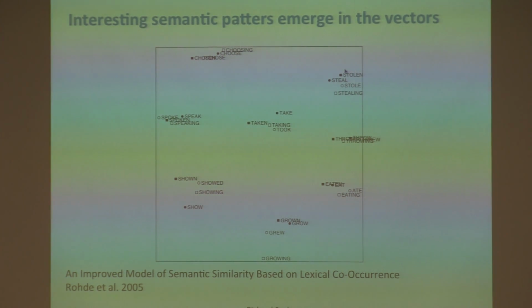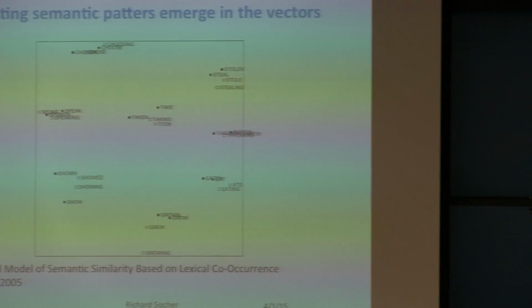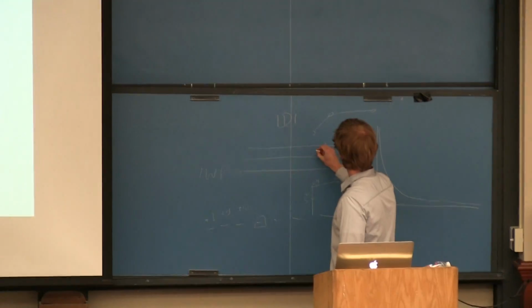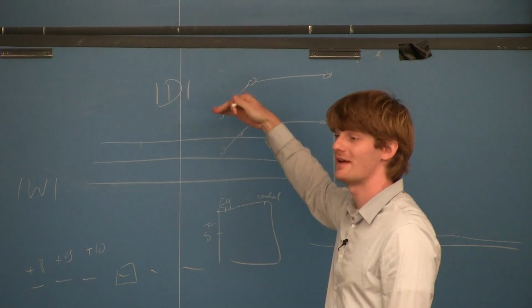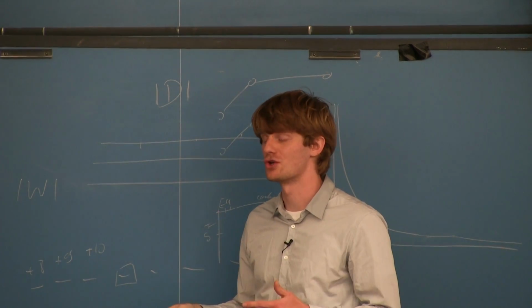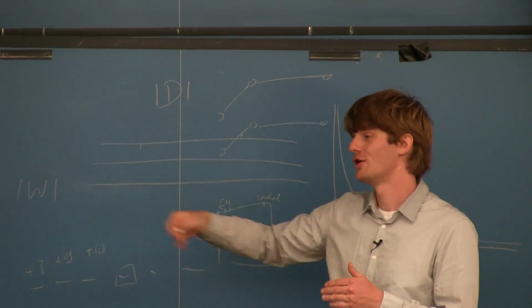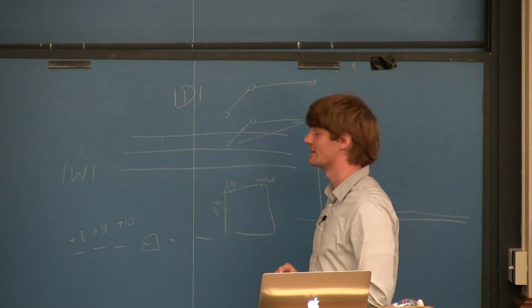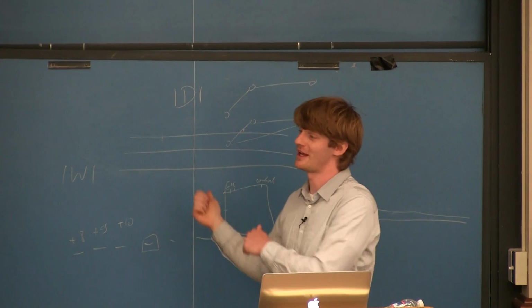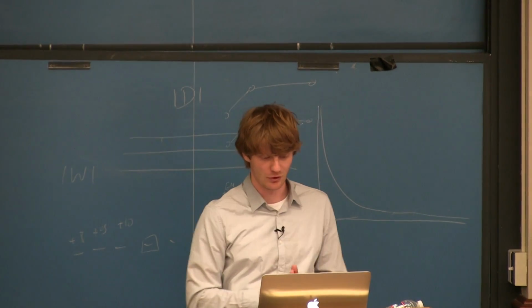So what we ideally would want is something that will have a similar structure. So show, shown, showing, or take, taking, taken, will all have a similar kind of geometric structure. We could just say, hey, what's the past tense for that verb? And that will always lead us to doing the same vector operation. And that will actually happen in the next model that we'll go through.